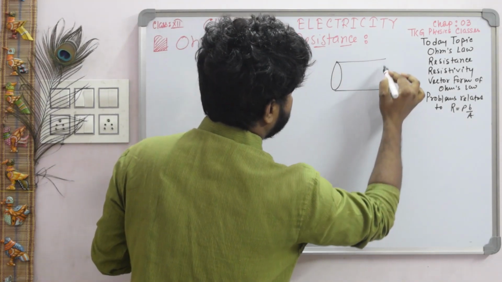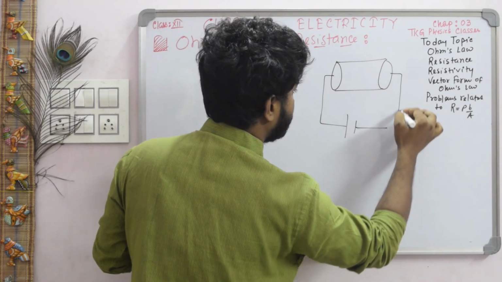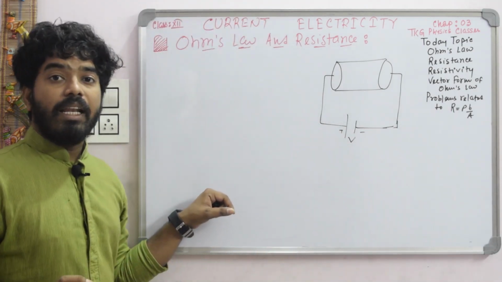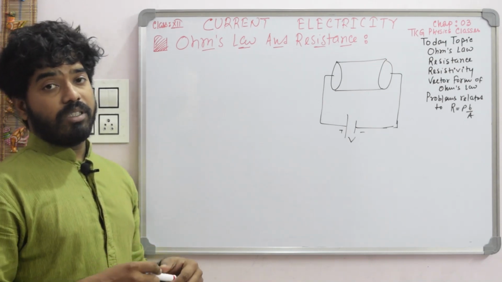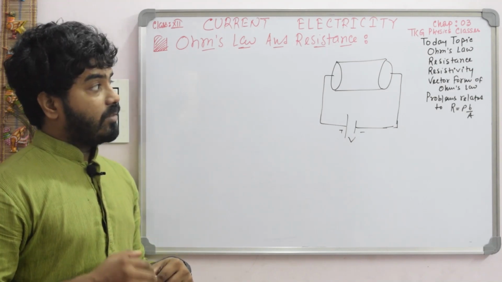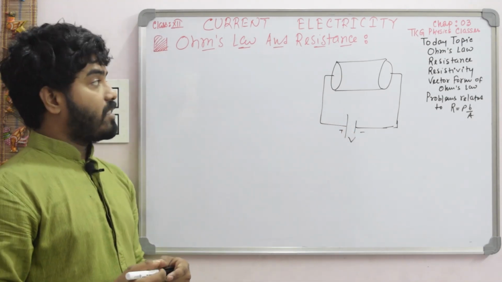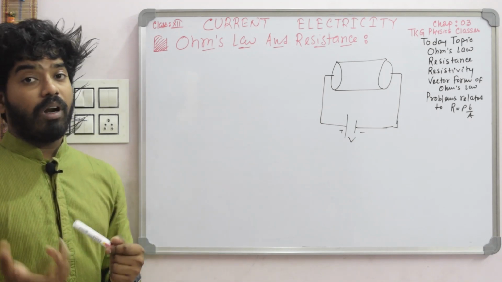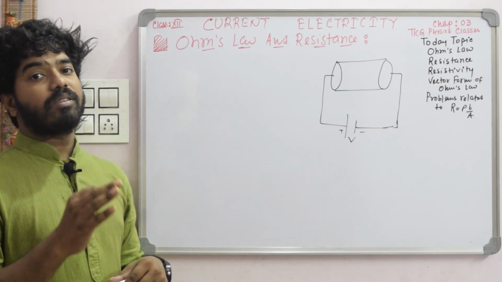If we consider a conductor connected with a battery of potential V between 2 points, then according to Ohm's law, German scientist Georg Simon Ohm in 1828 discovered this relation experimentally, and the relation is: the potential difference between 2 points in an electric circuit in a conductor is directly proportional to the current flowing through this conductor. The condition applies when temperature and other physical quantities remain constant.